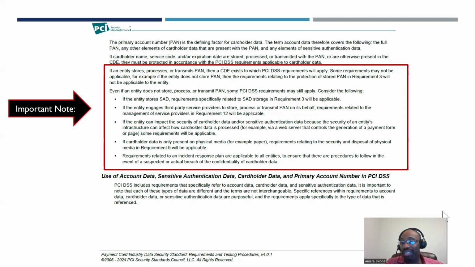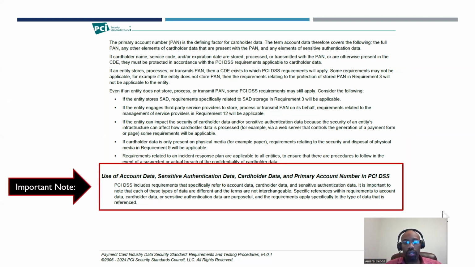Now, if your organization is not storing, because they're using tokenization to change the value of that cardholder data into another value which is not associated with your cardholder data, then that environment will not be assessed for requirement 3. So that's what it's saying here, okay? It's just giving an example. So it's important to know that when your organization is not storing, there are certain requirements that might not be applicable. But if it's processing and transmitting, yes, then some other requirements might be applicable.